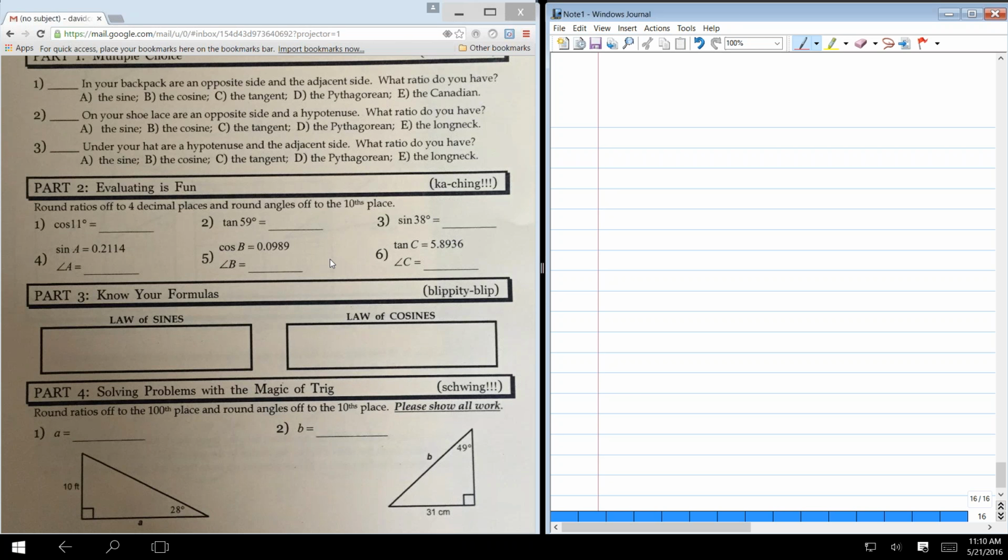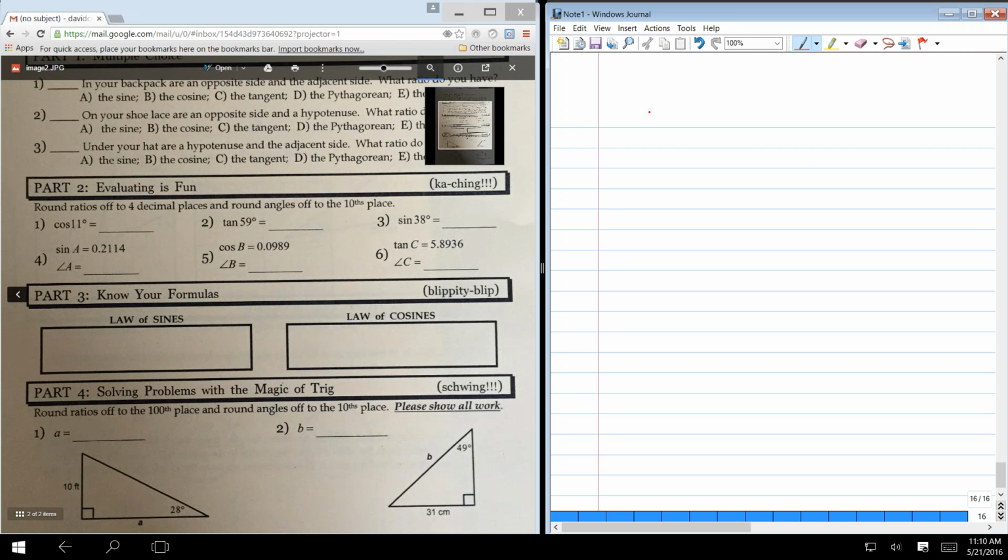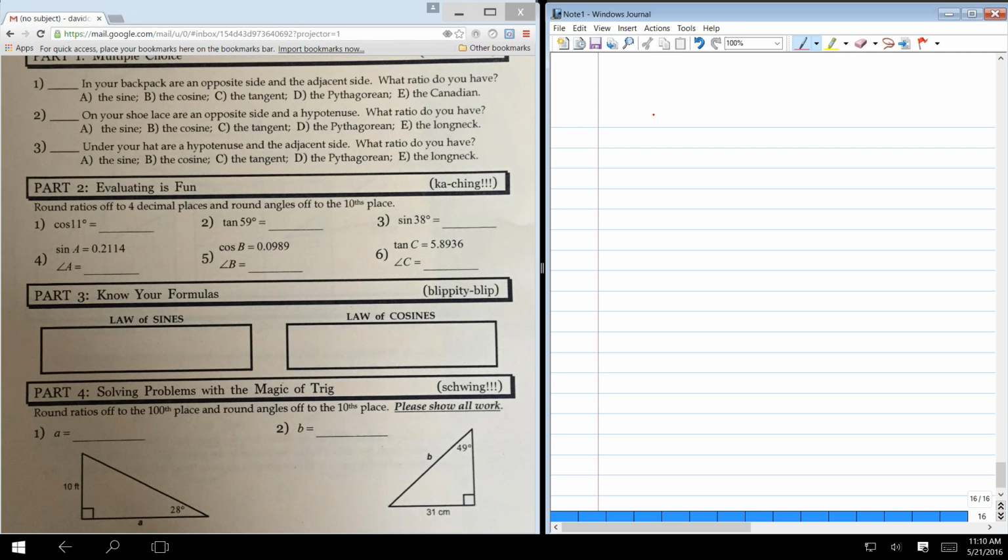What's cosine of 11? I forgot how to put in a cosine. How do I go about doing that? Look for the trig key. You have an Inspire for sure? Yeah, I have the TI Inspire CX. Okay.